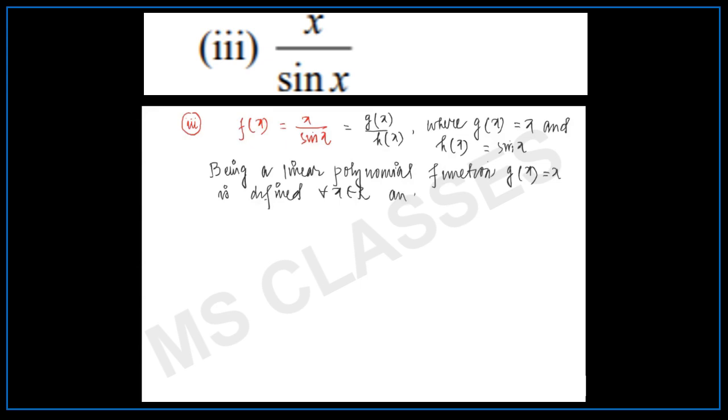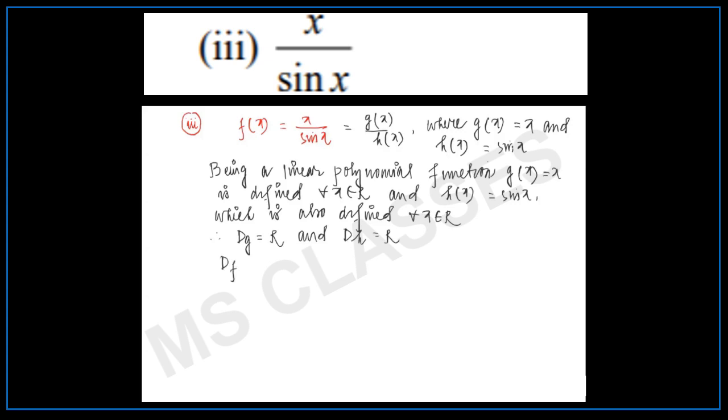And h(x) equal to sin x, which is also defined for all x belongs to R. Therefore, domain of the function g(x) is R and domain of the function h is R. Now, when we find domain of function f, it has to be domain of the function g, intersection domain of the function h, minus those values of x for which h(x) is 0.